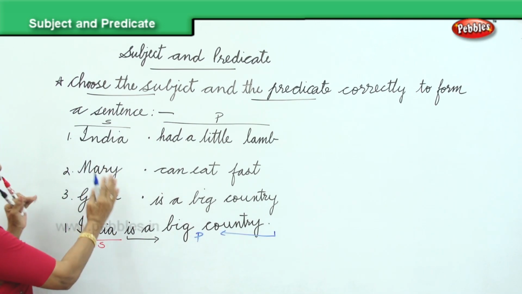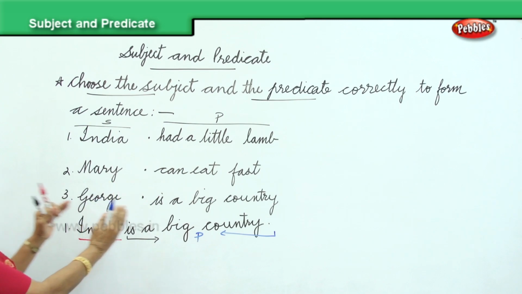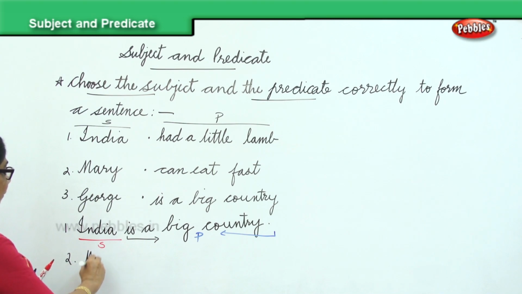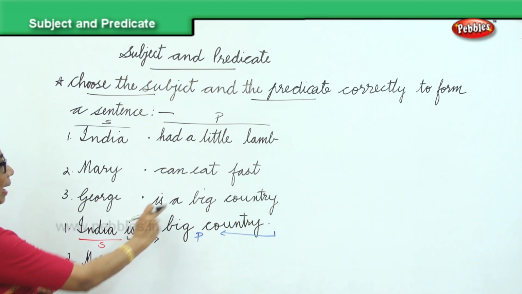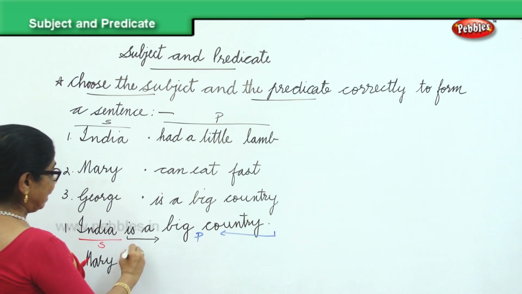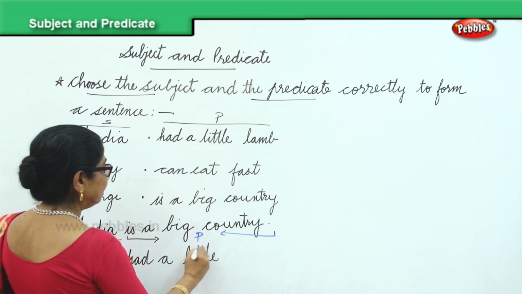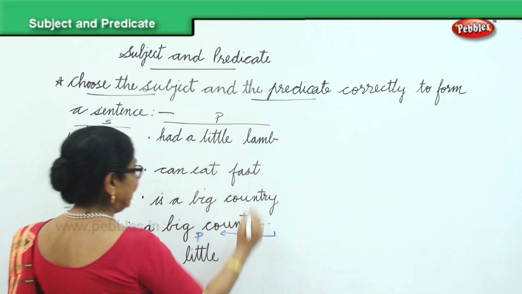So now you would learn to choose the subject and the predicate. And the next one we have is Mary had a little lamb. Had a little, Mary had a little lamb.